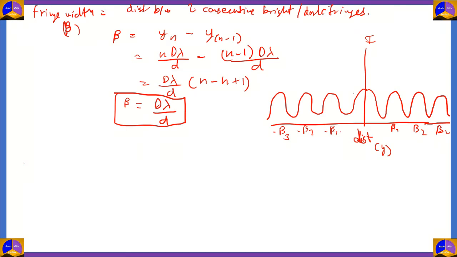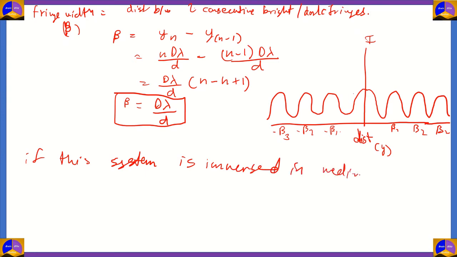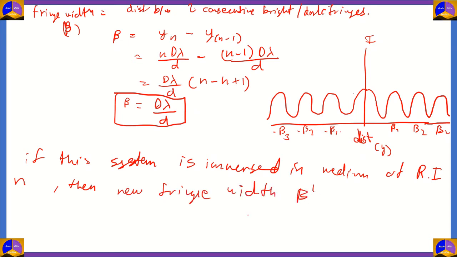Now, the important thing is that if this system is immersed in a medium of refractive index, say n, then the new fringe width beta dash is equal to beta divided by the refractive index n.